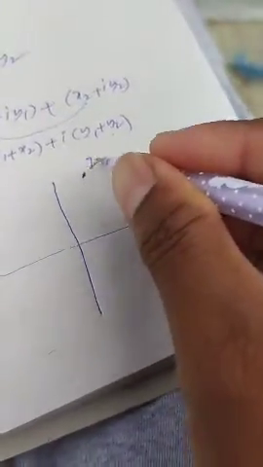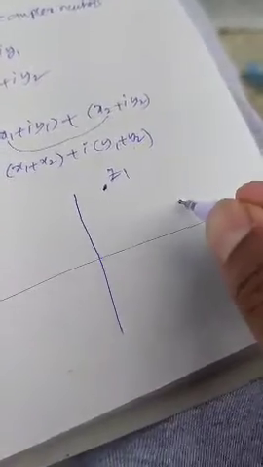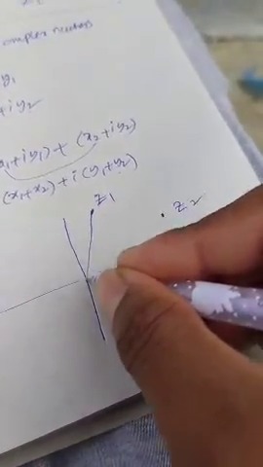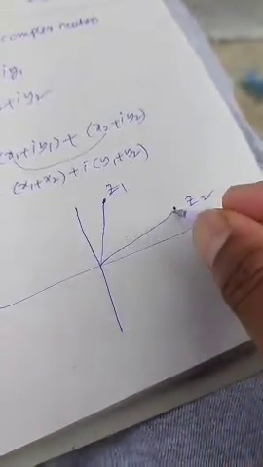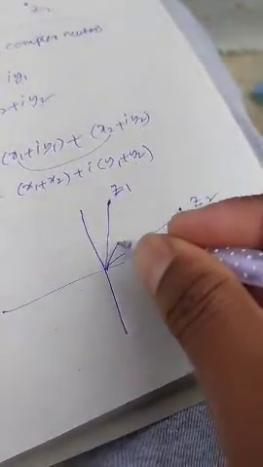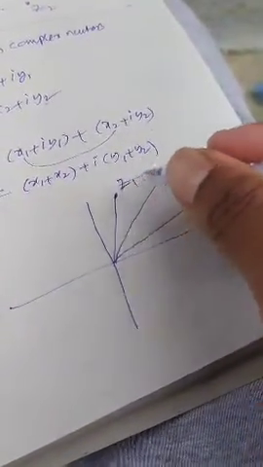So diagrammatically, how to represent the addition in the plane? Suppose I take Z1 here, considering x1, y1 as positive, and x2, y2 also positive, so Z2 lies somewhere in the first quadrant. I represent these points as vectors. We know by the parallelogram law, if two vectors are added, then you get the diagonal of the parallelogram.